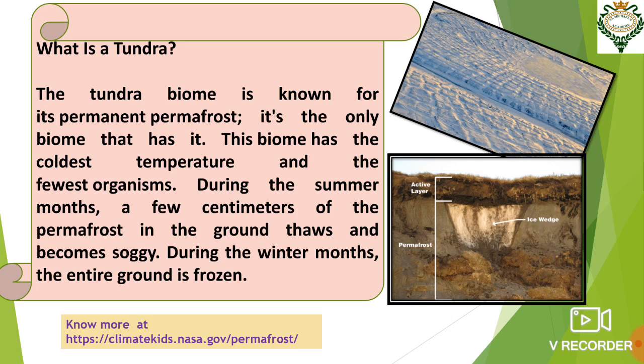And it is during this summer season in these zones that short grasses and moss grow, and in the winter season we could not find any sign of trees. To know more about this tundra region, you can visit the given website.